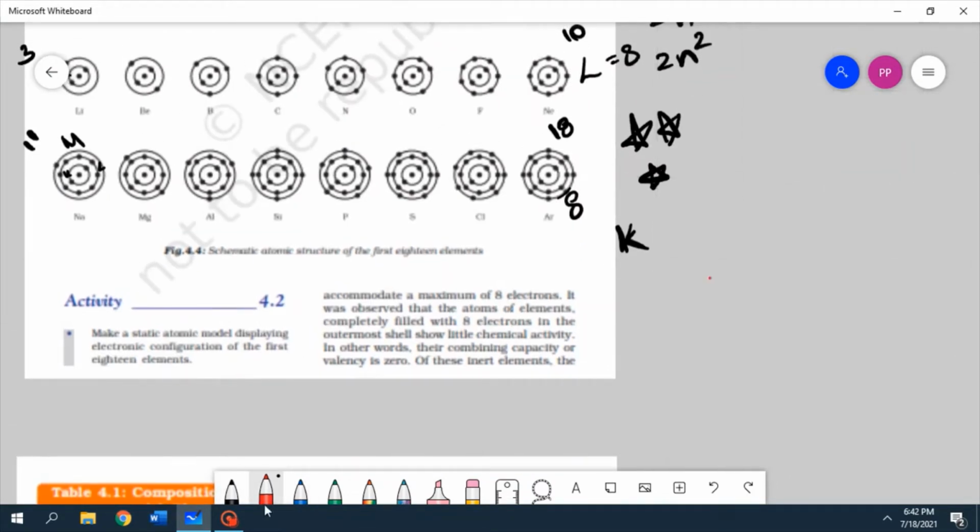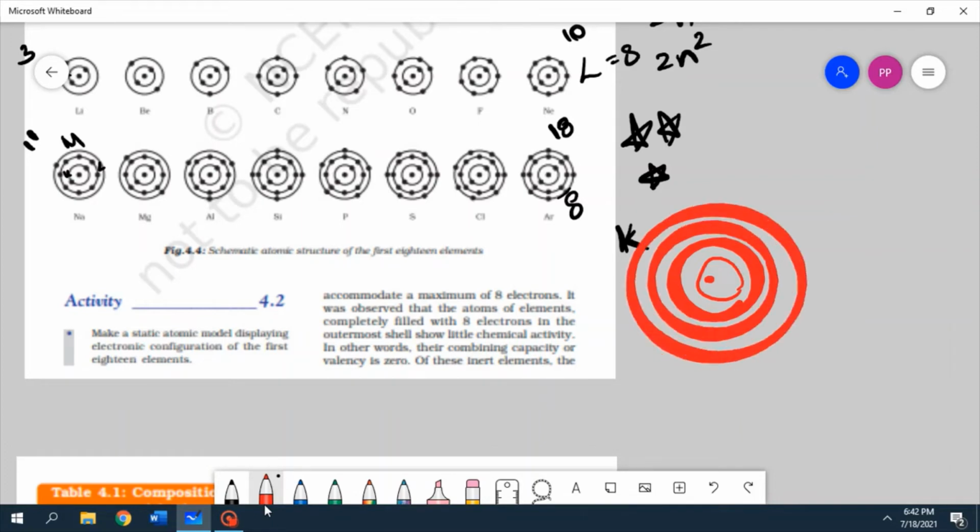So it has one nucleus, K shell, L shell, M shell, and N shell.